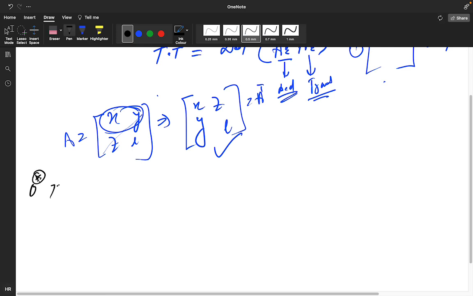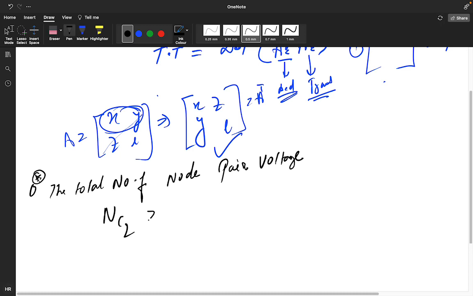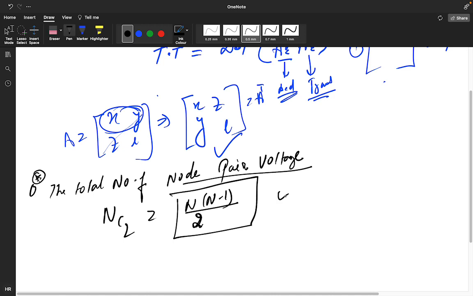It is very simple: nC2, that is n into n minus 1 upon factorial 2. So the total number of node pair voltages will be n(n-1)/2, nC2.